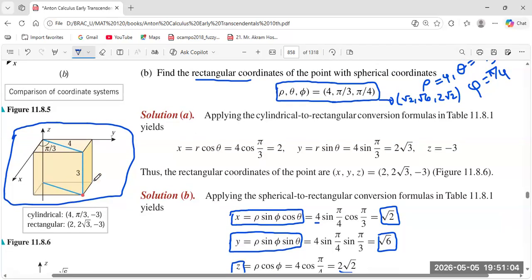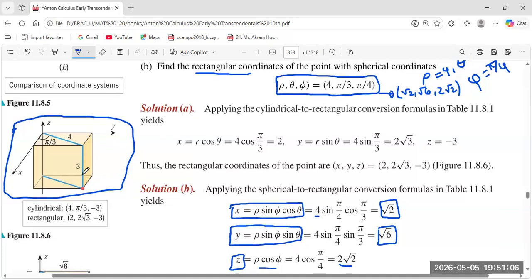So, in the cylindrical coordinate system, the point is 4, pi by 3, and negative 3. So 4 is the distance from the origin to this point, so this quantity is 4. Theta is the angle with the positive x-axis. This angle is pi divided by 3.